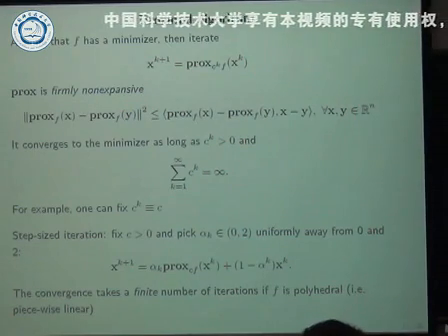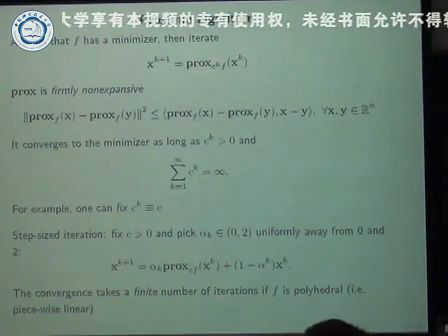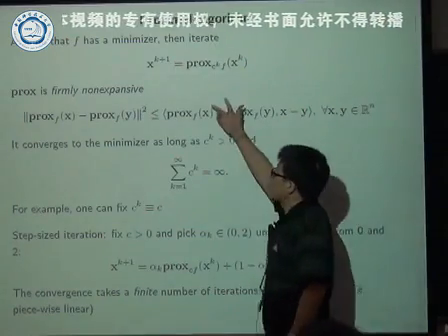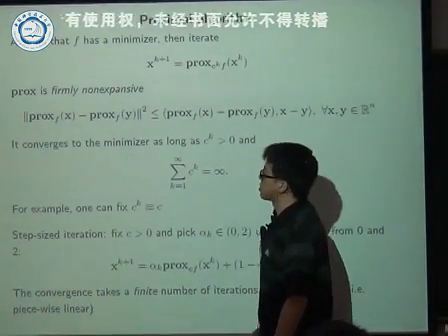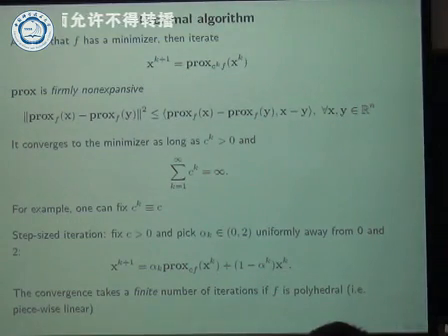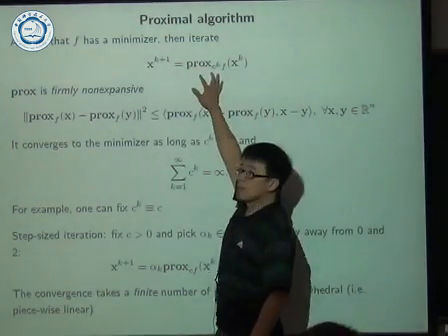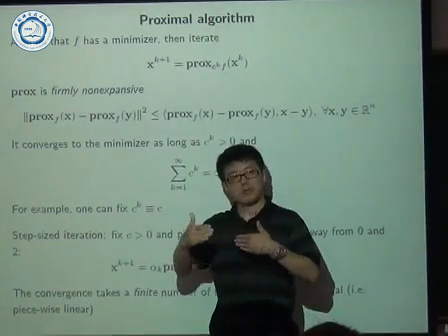All right. This algorithm converges because of one thing. Because this operator has a property called firmly non-expansive. Now, first thing, if f is a convex function, then this operator will never be expansive.